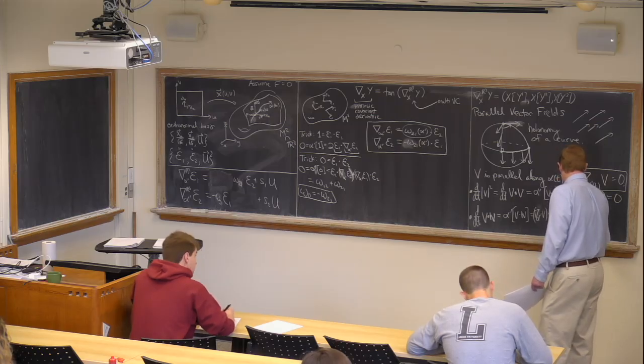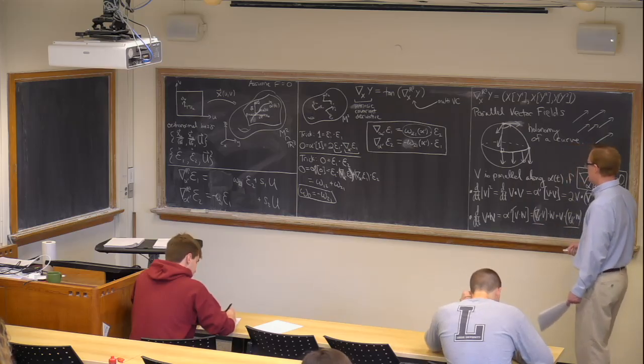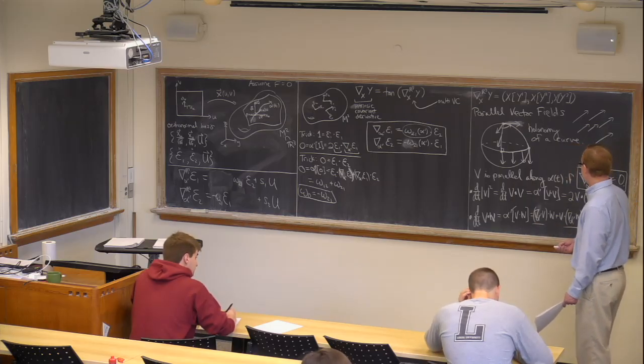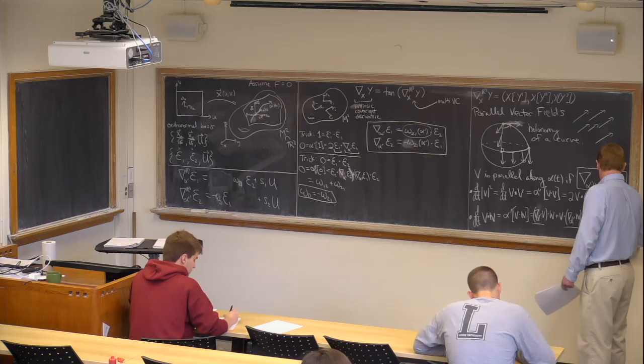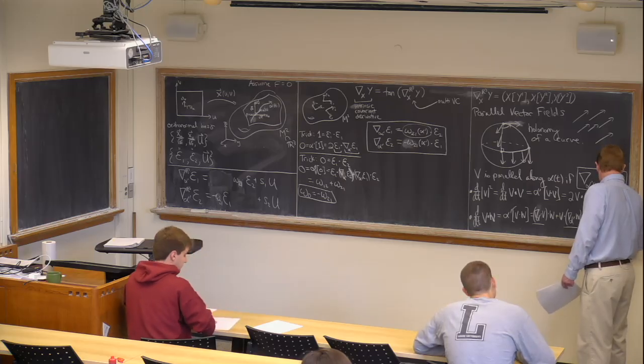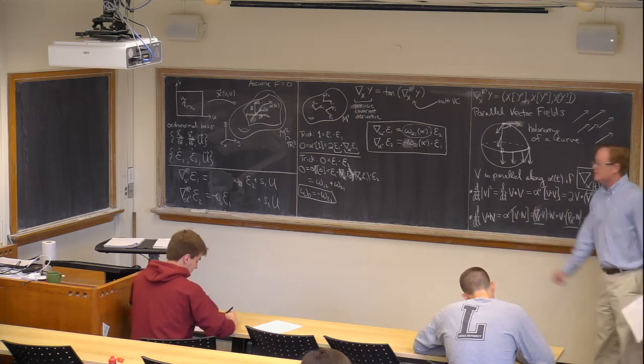Just a product rule. And the point is, let's say you parallel translate both of them. So let's say that v and w are both parallel, then those terms are both 0. So the dot product does not change.